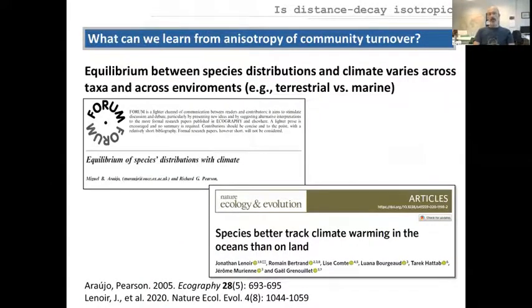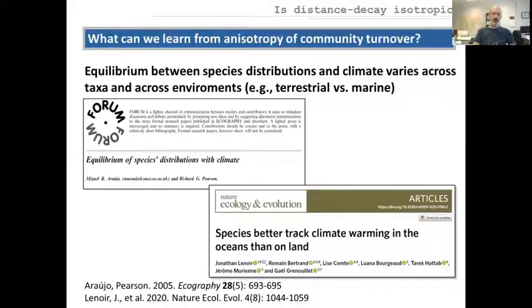And why I think anisotropy could help? Because we already know that different taxa have different levels of equilibrium between species distributions and climate. Araújo and Pearson introduced this variation across different taxa some time ago.